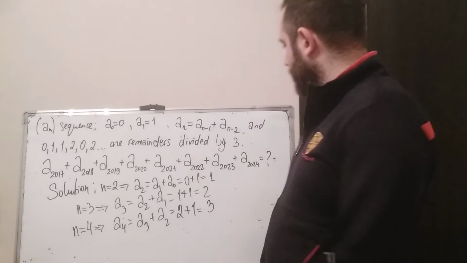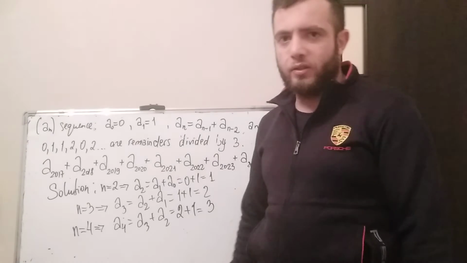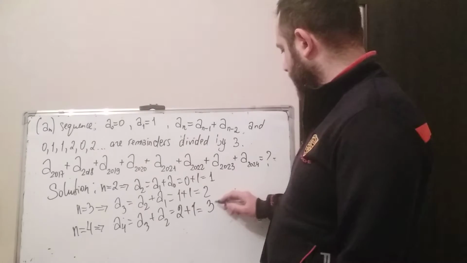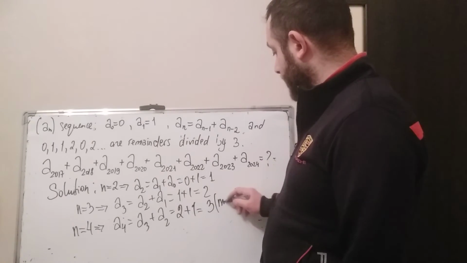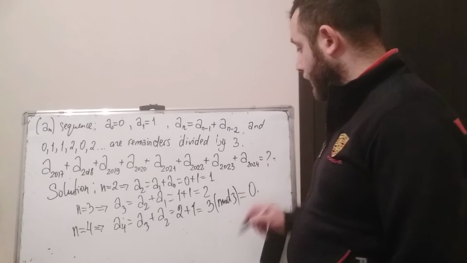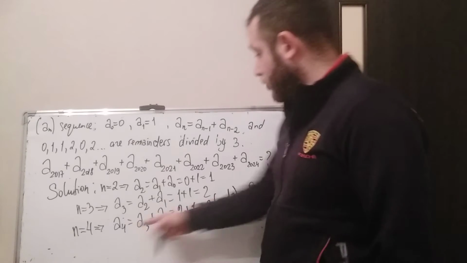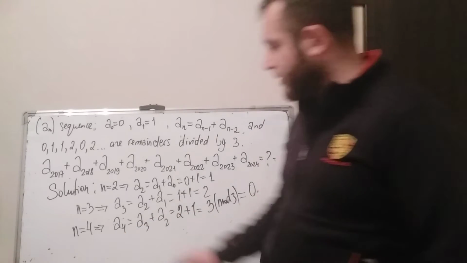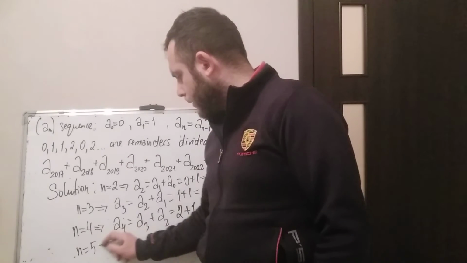But as we get 0 when we divide 3 by 3, we can write mod 3, because they are written here divided by 3. So it will be just 0. We just take the remainder. So a4 is 0.